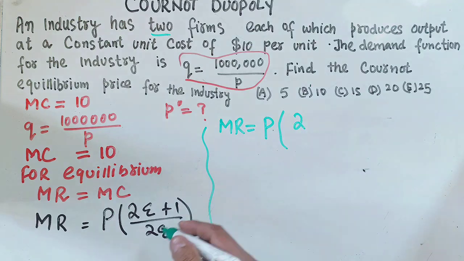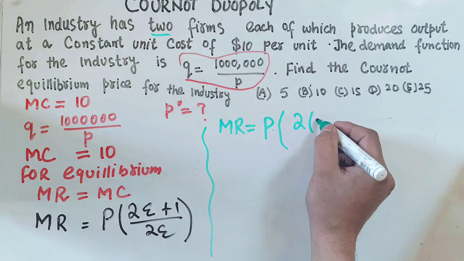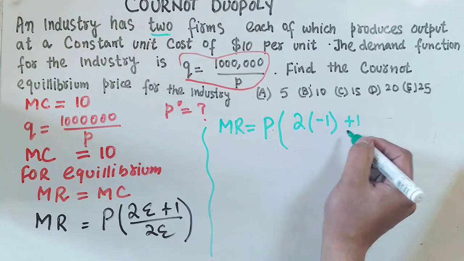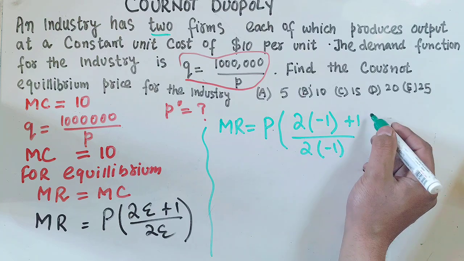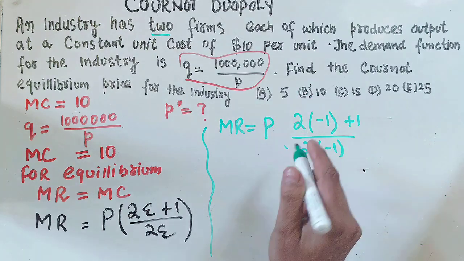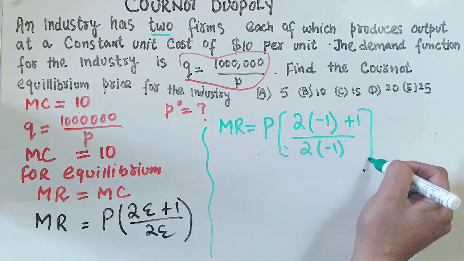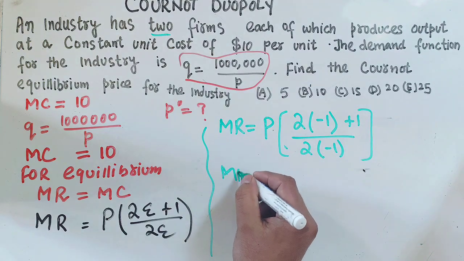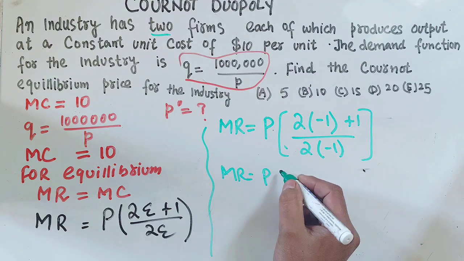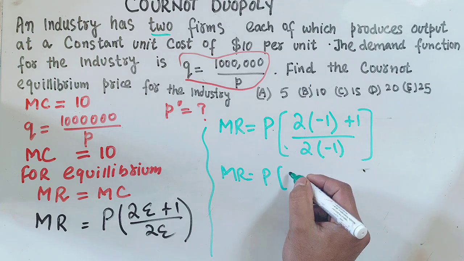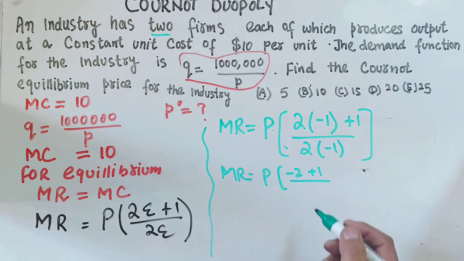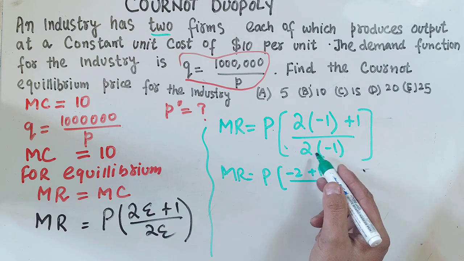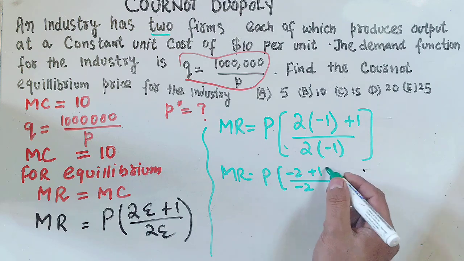What is price elasticity of demand? We calculated it as -1, then we have +1 divided by 2 times -1. So marginal revenue will be equal to price, this is -2 plus 1 divided by -2.